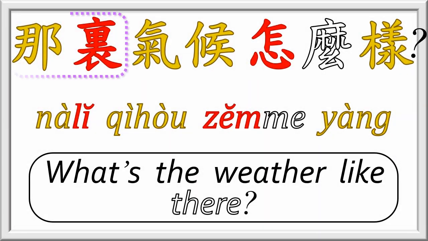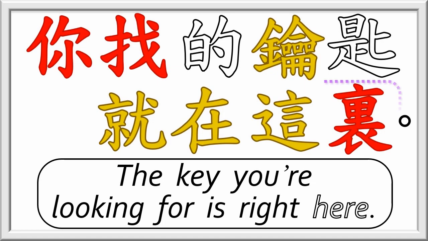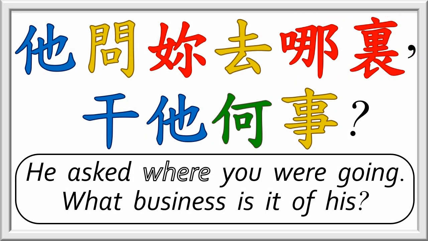These compounds with li are perfectly acceptable Mandarin and easier to pronounce for many. 那里气候怎么样? What's the weather like there? 你找的钥匙就在这里. The key you're looking for is right here. 他问你去哪里? 干他何事? He asked where you were going. What business is it of his?